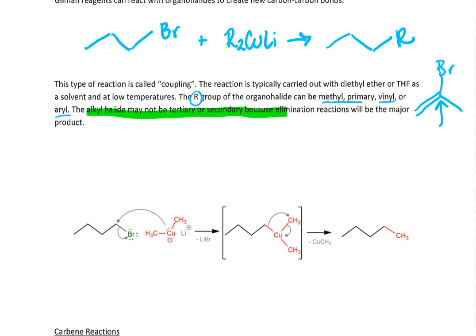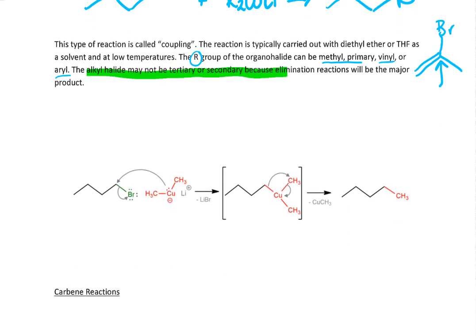So down here is a mechanism for how they think that the Gilman reagent does this, because it's not quite like a full SN2 mechanism the way that we would normally draw. The idea is that your Gilman reagent, where the pair of electrons that you care about is on the copper, that's your nucleophile.